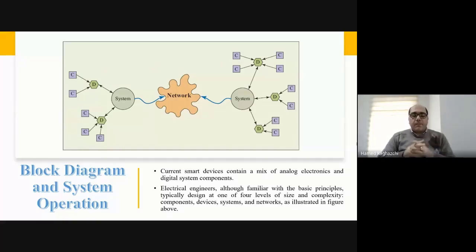As you see, we talked about devices like smartphones, computers, and other devices in digital form. But as you see, these devices are actually produced using connections between some components.